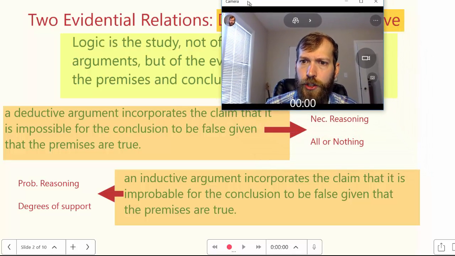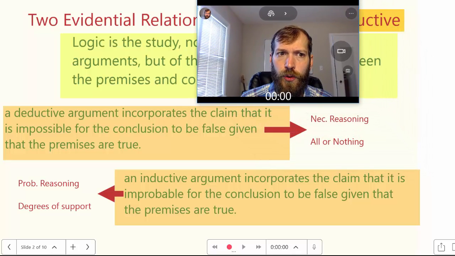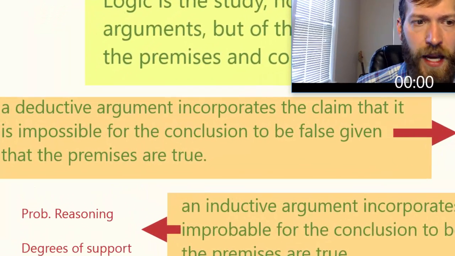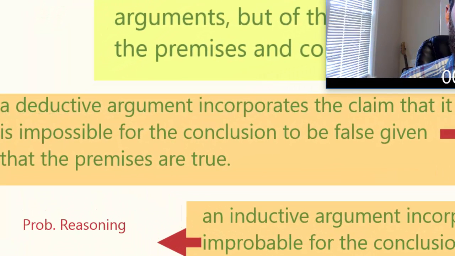So the relationship that can occur between the premises and the conclusion can be one of deductive, or at least purport to be the kind of style that the deductive arguments have. So a deductive argument incorporates the claim that it is impossible for the conclusion to be false, given that the premises are true.